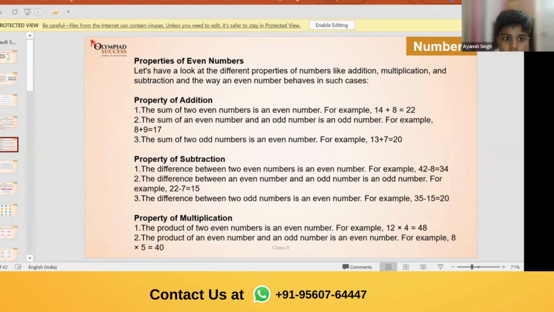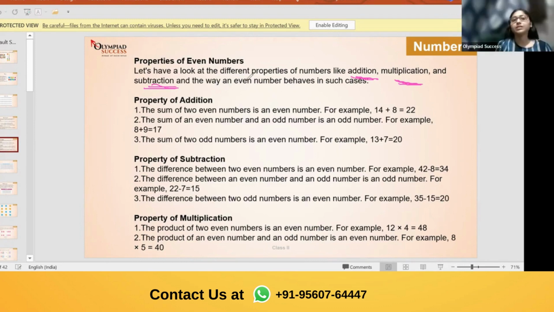Let's have a look at the different properties of numbers like addition, multiplication, subtraction, and the way any even number behaves in such cases.